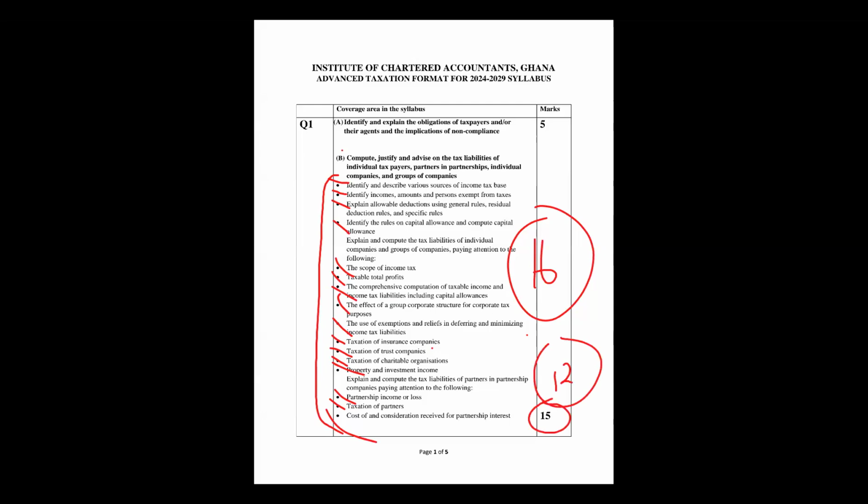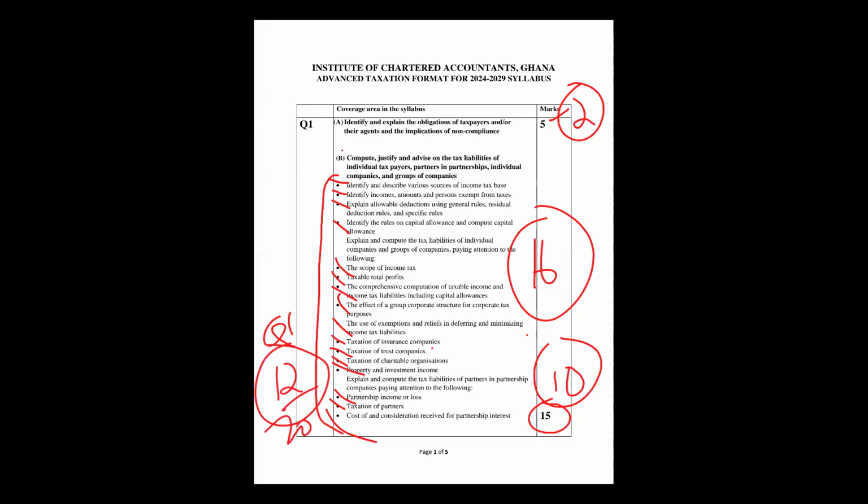Or roughly, in the worst case scenario, I'm getting 10 marks from the 15 here. And here, which is theories, the 5 marks at the top, let me estimate 2 marks for myself. So I know that for question one, at least I'm getting 12 marks out of 20.